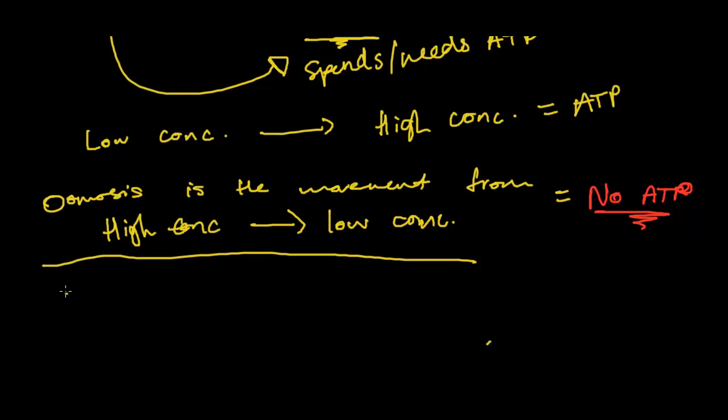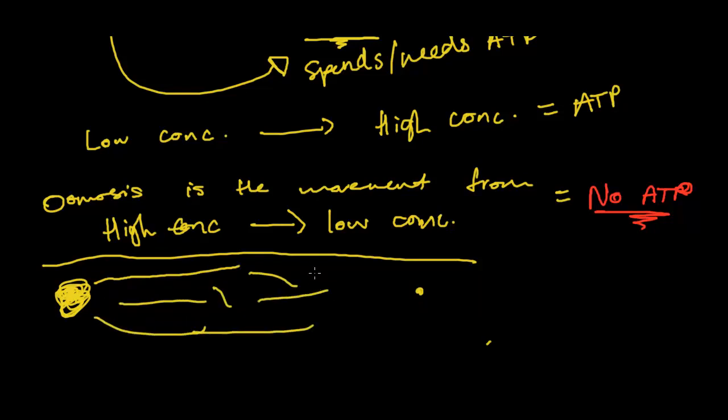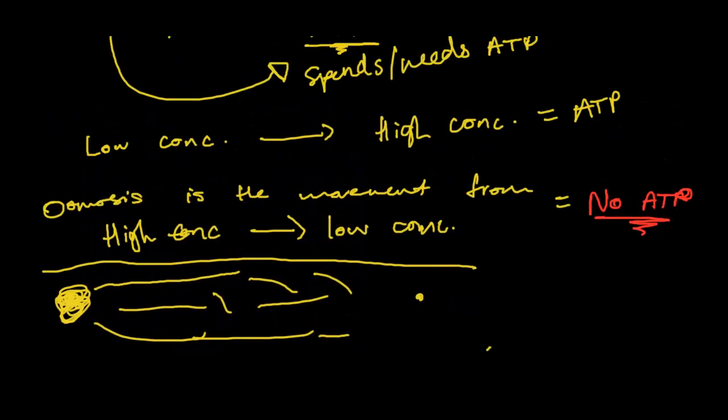Suppose that was all my stuff, and then I had just one here. This is high concentration, this is low concentration. What's going to happen is that these molecules are going to keep on moving apart, and they're going to keep on moving until it comes to a state where it is just equal.